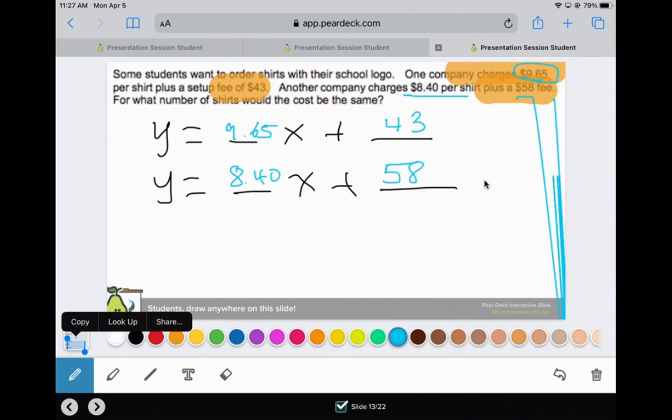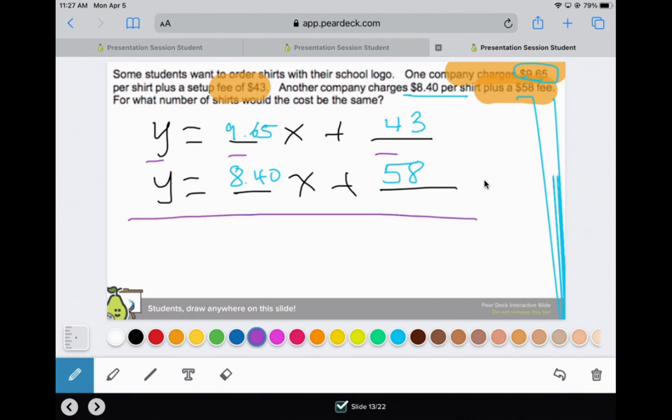When you run into slope intercept problems, the best method that I would use to solve a word problem is just elimination. Elimination makes it much easier for you to solve. Okay, so we set it up. It's always going to be this template to solve it. I can just go ahead and subtract because I have the same coefficient.